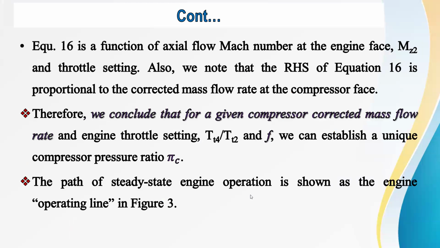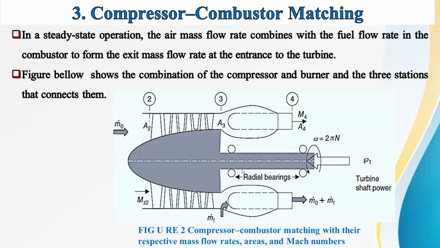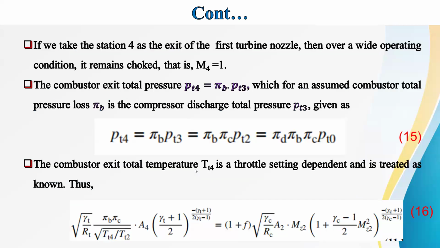This equation is a function of the actual flow Mach number MZ2, which we have to define. Again, here it is MZ2 at station 2, which relates this condition to the compressor inlet condition.